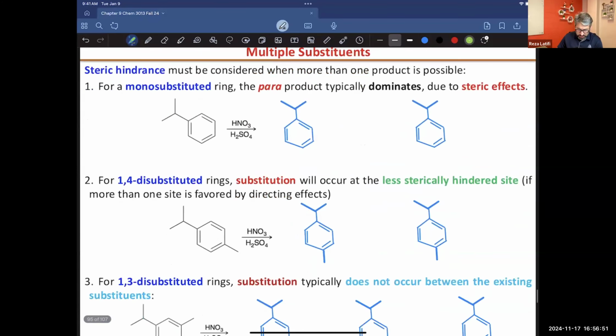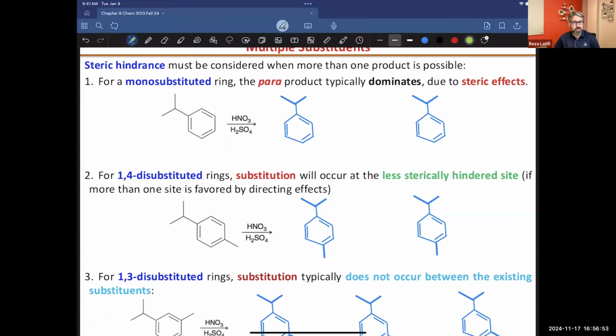Okay. Next one, I have an alkyl substituent, and I want to add nitro to it. Where should I add the nitro? The alkyl is going to favor the ortho and the para positions. We can add the nitro here, NO2, or we can add the nitro there, NO2.